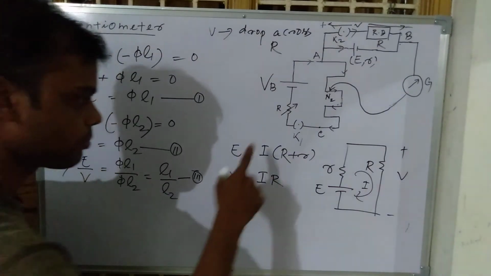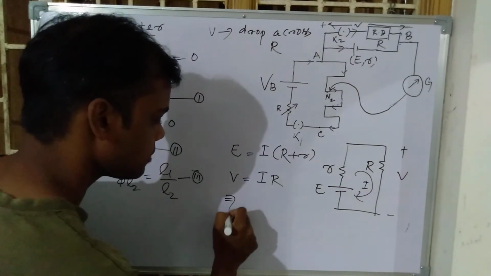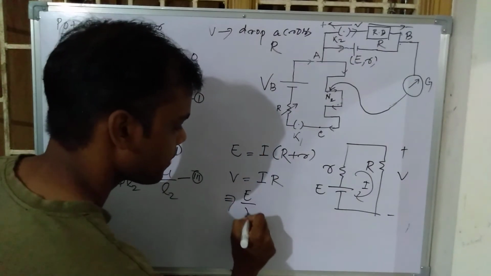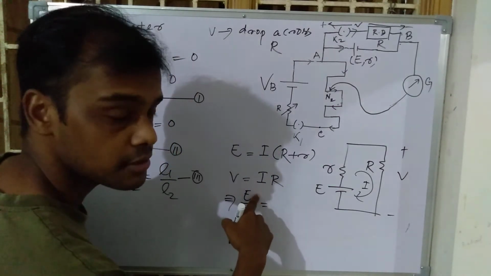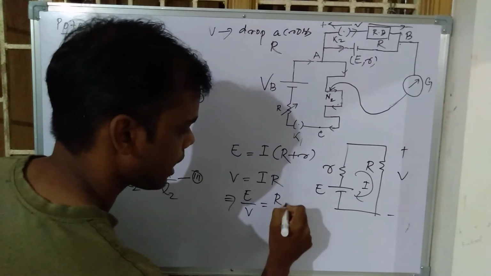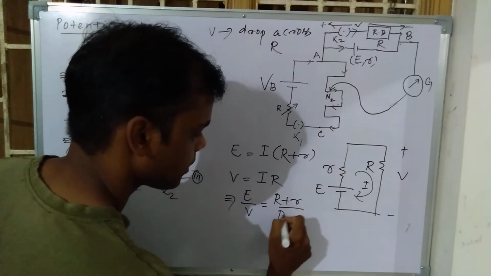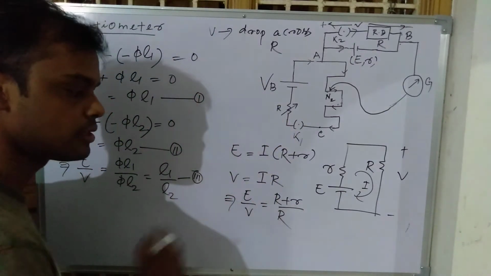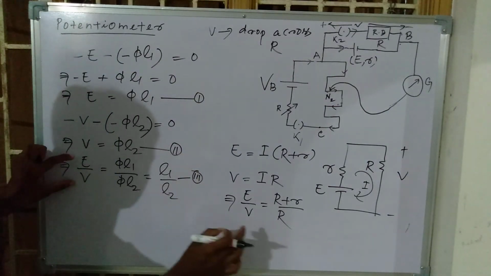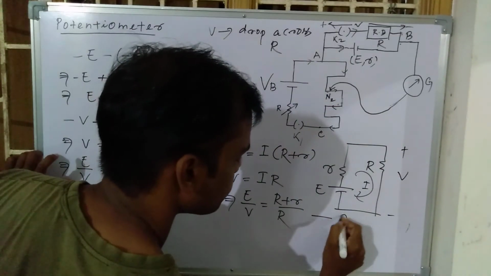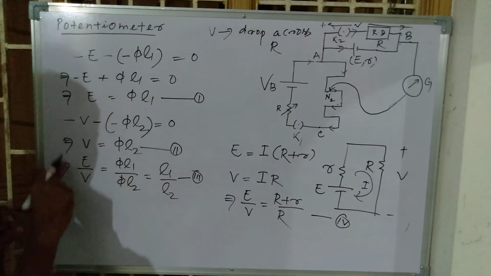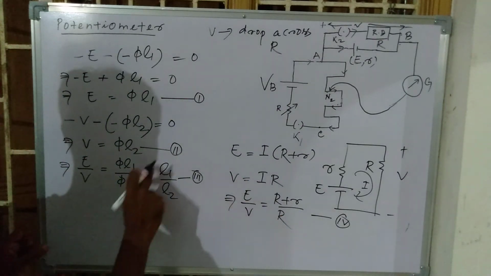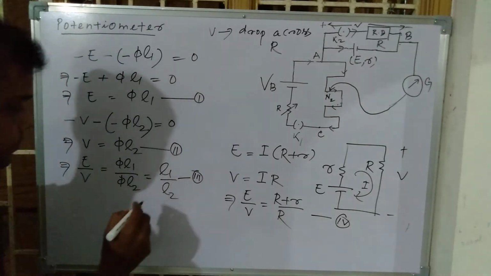From these two equations I can also simply write E by V is equal to this by this. That means I will get cancelled. So R plus r by R. Very simple. Let it be equation number 4. Now look at equation 3 and equation 4. Left sides are equal. That's why right sides are also equal.